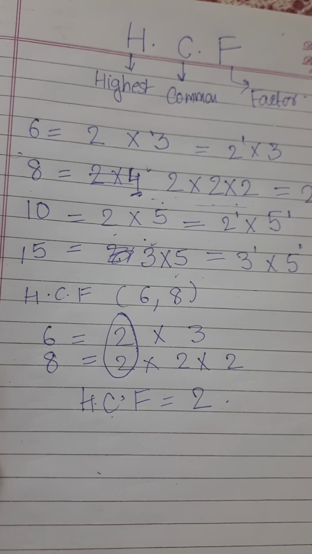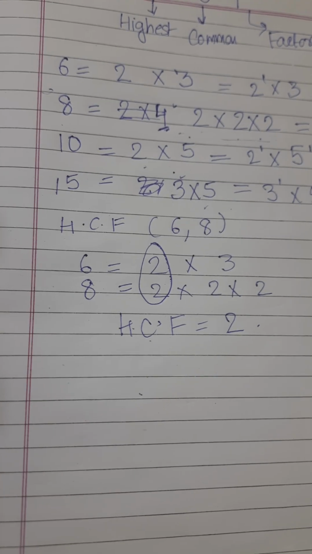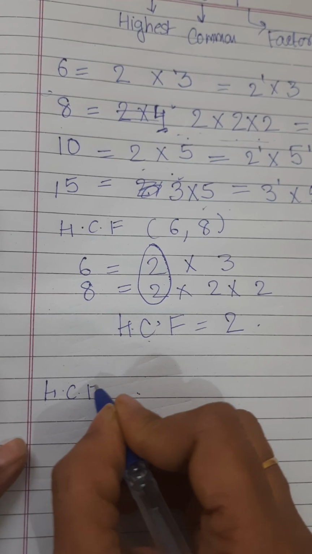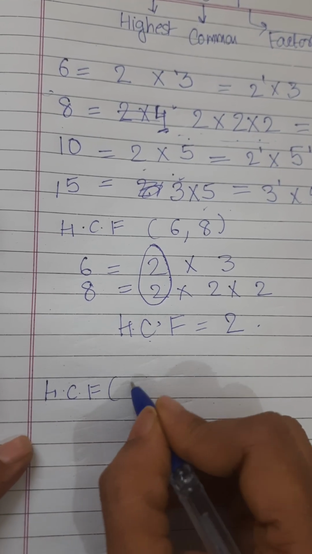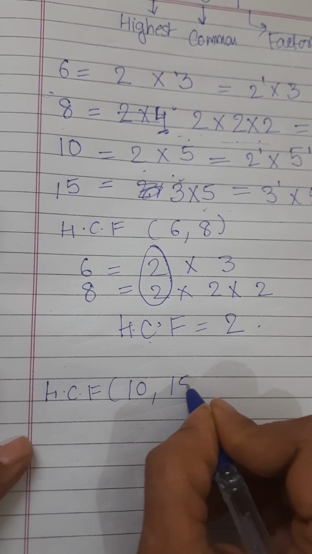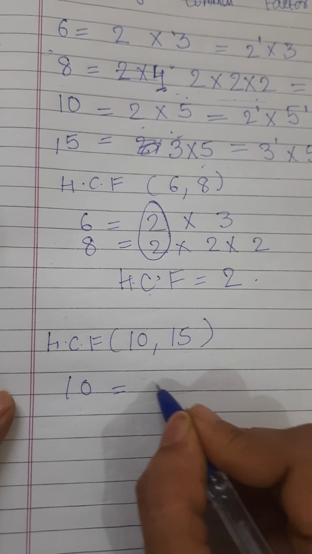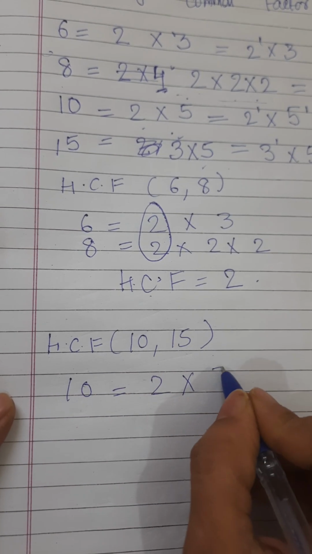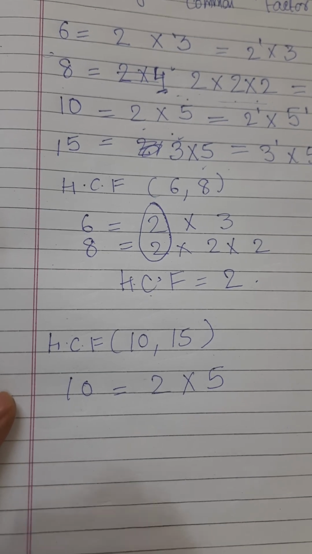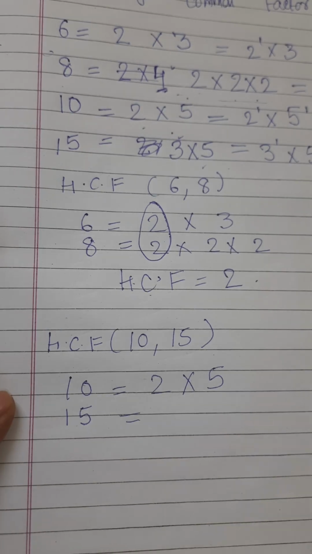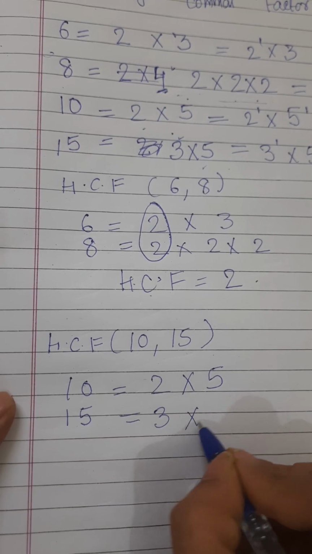Okay. Now let's take one more example. HCF of, let's say, 10 and 15. So what were the factors of 10? 2 and 5. What are the factors of 15? 3 and 5.